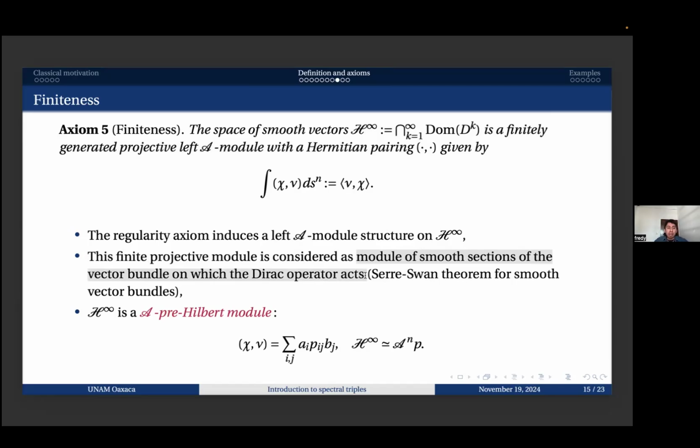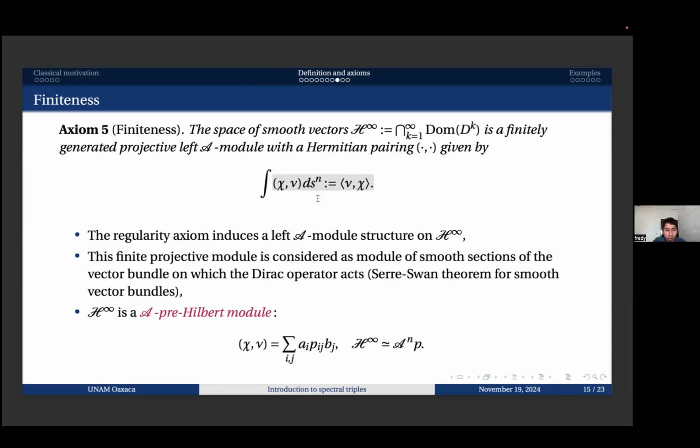This finiteness condition says that this space, as an A-module, should be a finitely generated projective left A-module, with the Hermitian pairing which has to satisfy this condition.